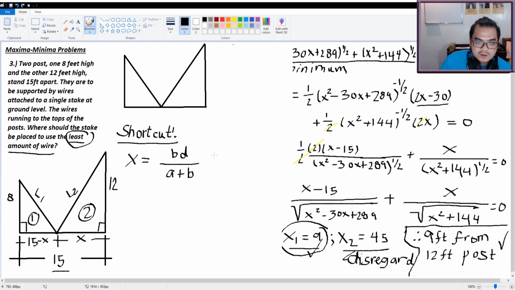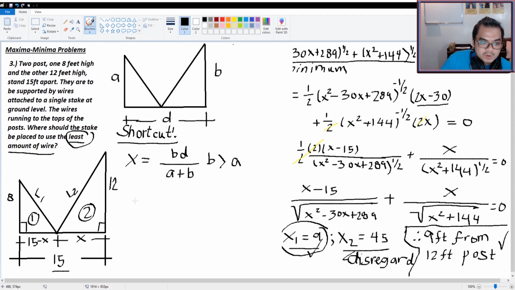Just remember here that b must be greater than a. Okay, so b and a are the heights of the posts. Therefore, this is your b and this is your a. And d will be the distance between the two posts. So from here to here will be your d.